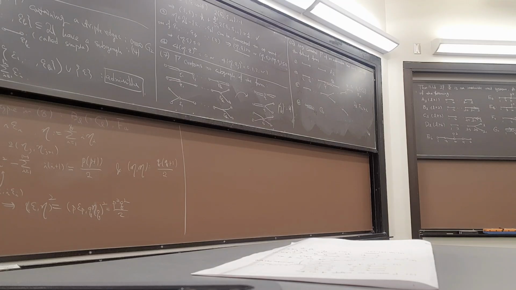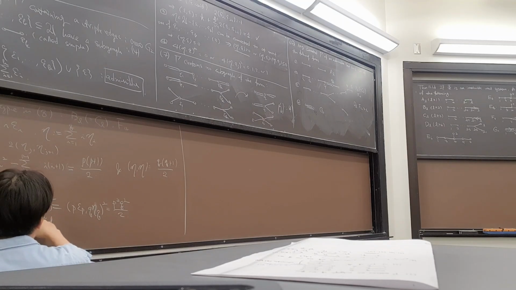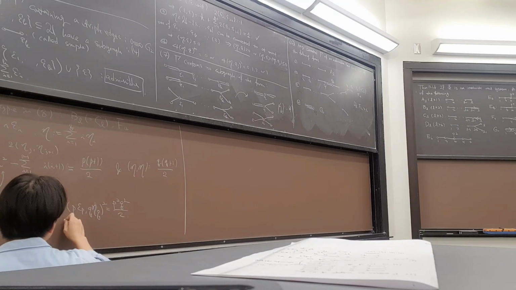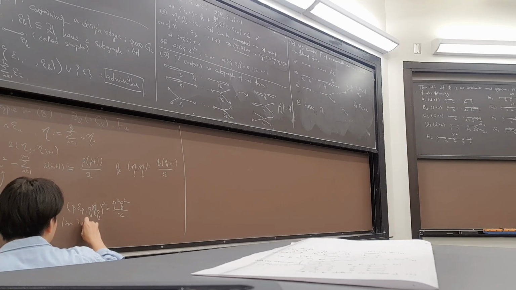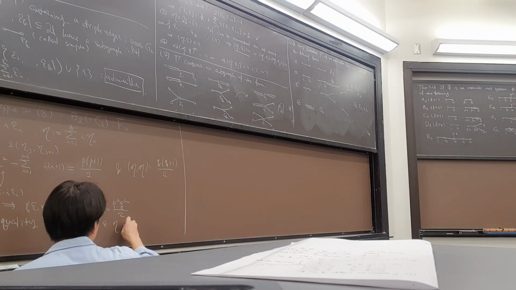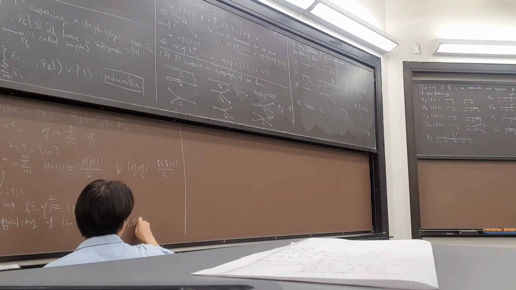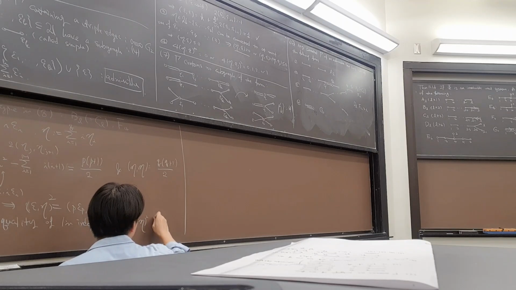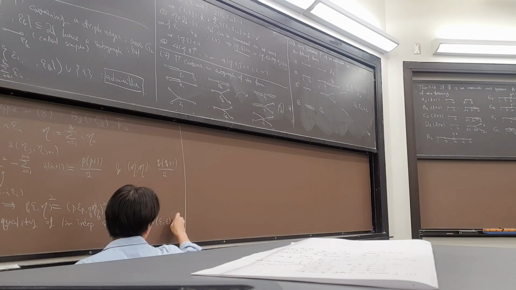And then we use the Schwarz inequality. And we know that epsilon and nu are linearly independent. So this tells us that the inner product of epsilon and nu squared is less than epsilon epsilon times nu nu.